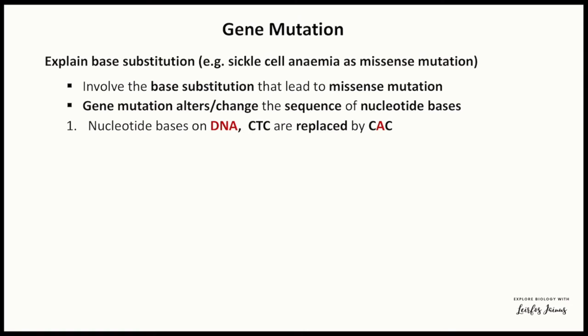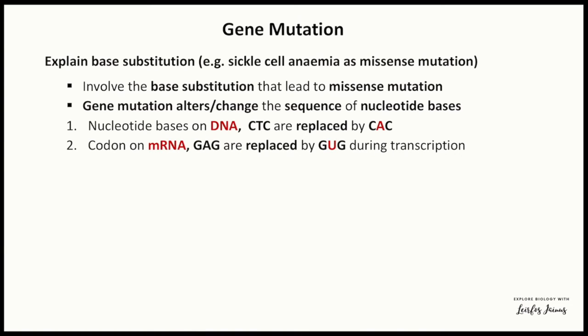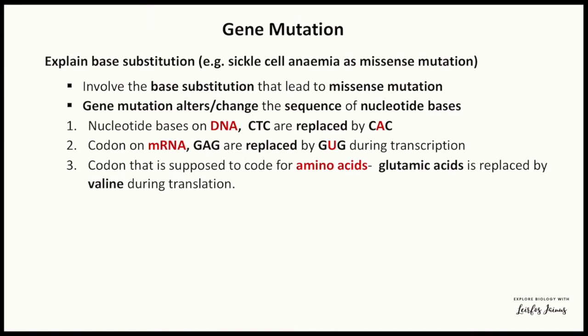Or, to be specific, thymine is replaced by adenine. The codon on mRNA, GAG, is replaced by GUG during transcription. The codon that is supposed to code for the amino acid glutamic acid is replaced by a codon that will code for valine during translation.